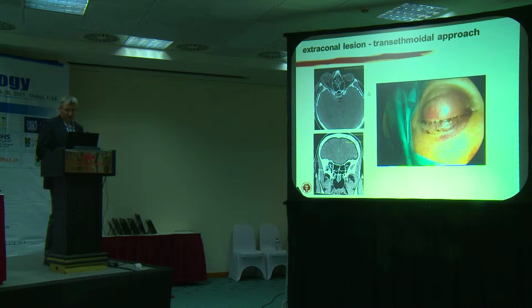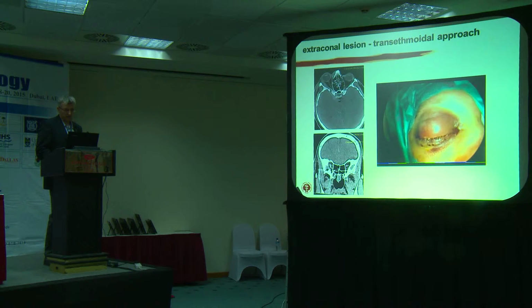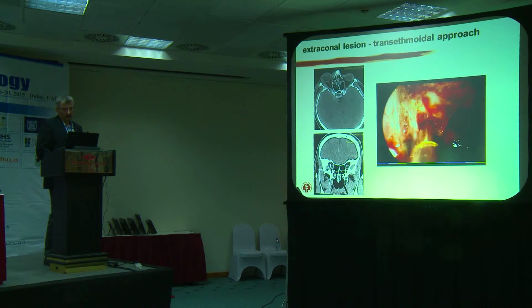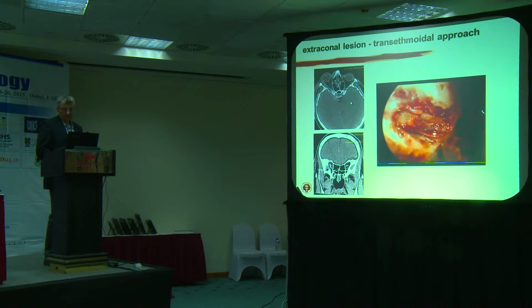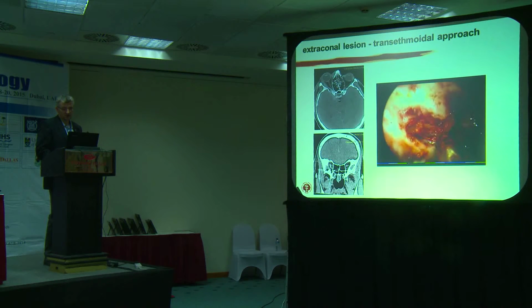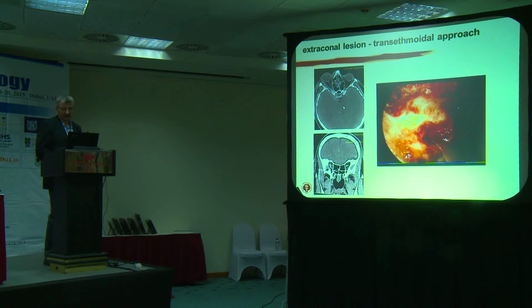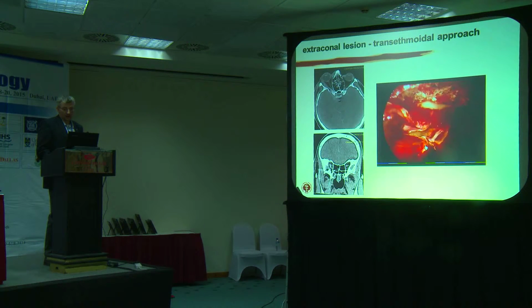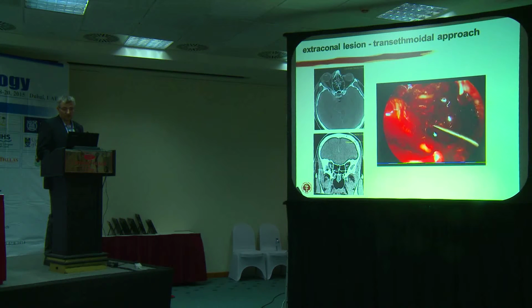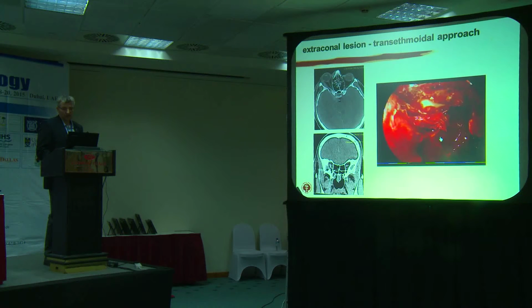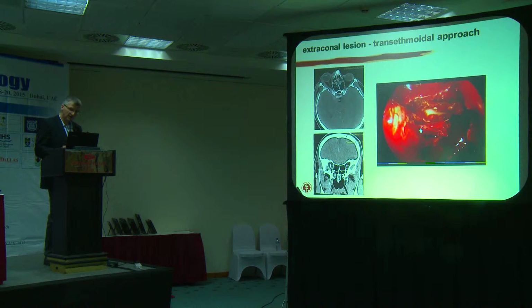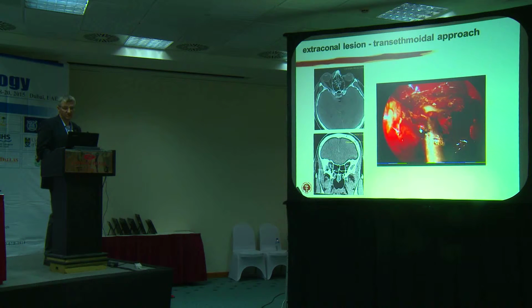Another extraconal lesion: this is a wooden splinter here in the orbital apex, just at the junction between the posterior ethmoid and the sphenoid sinus. After removal of the bone with a drill, we incise the periorbit, and we see the tip of the splinter, which can be removed without further manipulation inside the orbital cone.